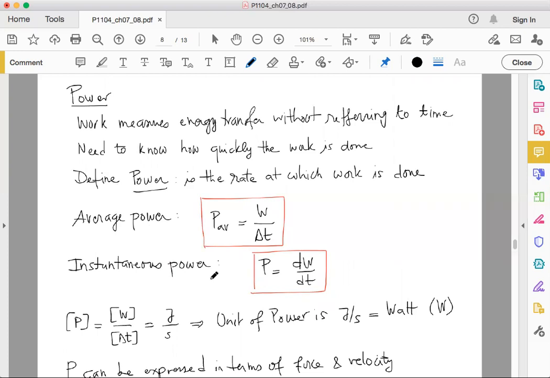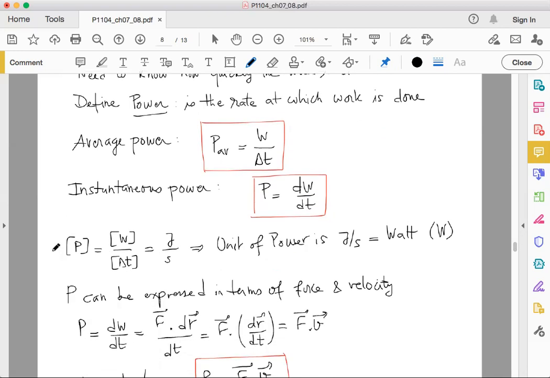The average, obviously, is when you look at a given system and how much work is done by the force F net during a specified time interval, then the average is W divided by delta T. While the instantaneous power is nothing else than the derivative of W with respect to time. So here we talk about an instantaneous rate, no longer about a fixed time interval between T initial and T final.